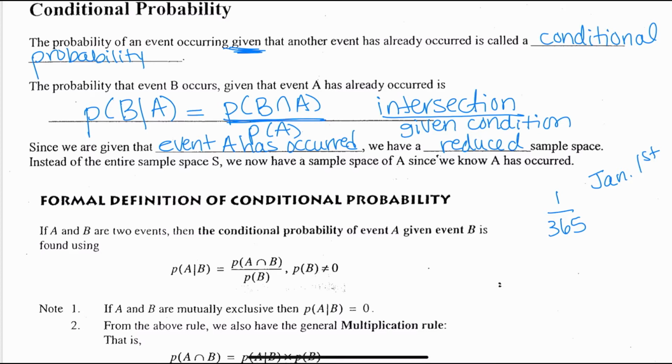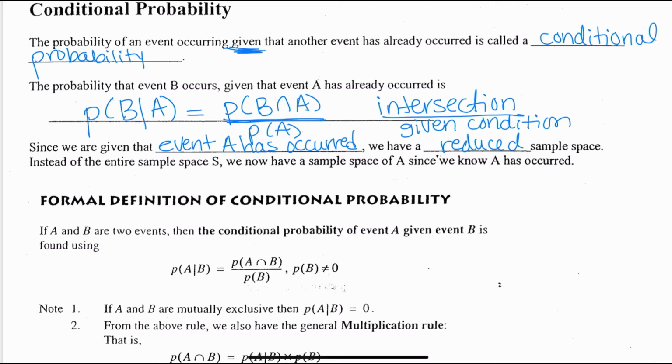Now we know for sure that you were born in January. So instead of looking at all 365 days of the year, the given condition is that you in fact were born in January. There are 31 days in January and only one of those will be January 1st. So now my sample space gets reduced. It went from 365 to 31 different days.